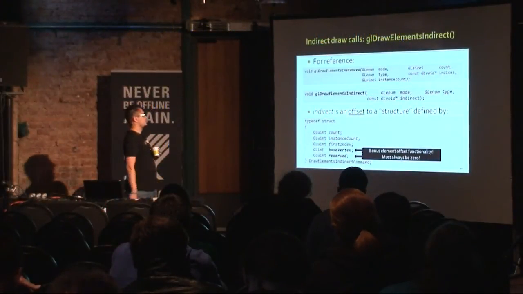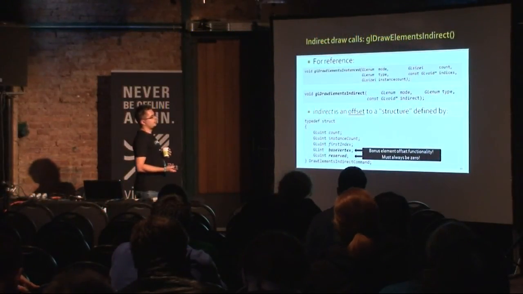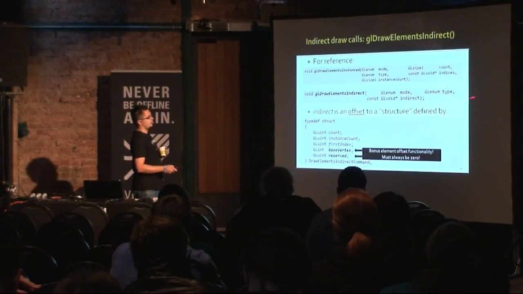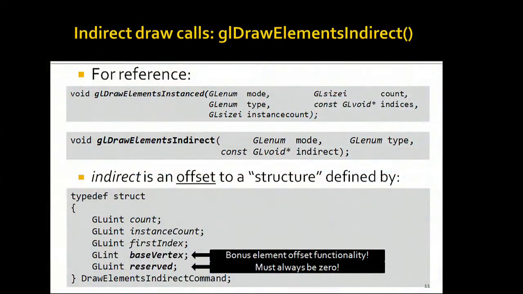If we looked at glDrawElementsIndirect, this is pretty similar. Now what we have in here is the GLenum mode, GLenum type, and again the old indirect argument. Indirect is again an offset to a structure that is defined like this. So we get the count argument, instance count, first index, base vertex, and reserved, which again must be 0.